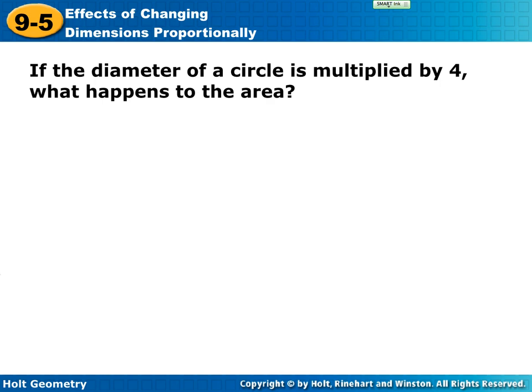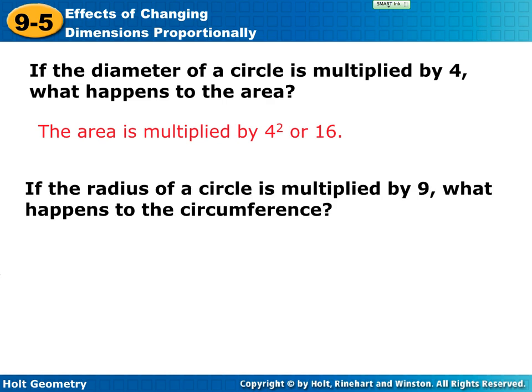What's 4 squared? 16. So you should say the area is going to get 16 times bigger. I'm not saying what it is, just it's going to get 16 times bigger. If the radius of the circle is multiplied by 9, what happens to the circumference? That's my perimeter. On a circle, changing the radius changes both dimensions.